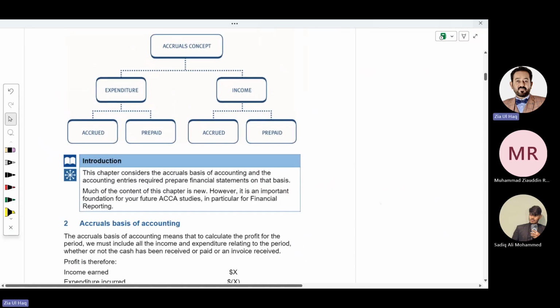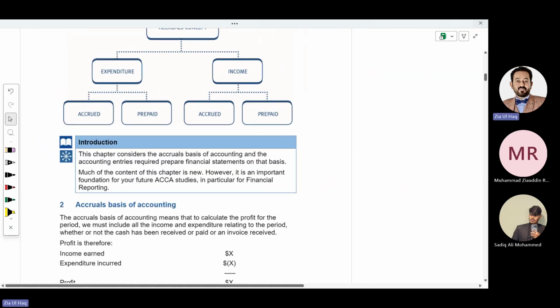So expenditure could be either accrued. If they are accrued, this means this is our liability that we need to pay in future. So the accounting entry will be debit expense, credit accruals.